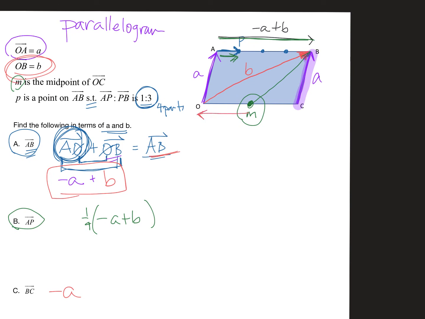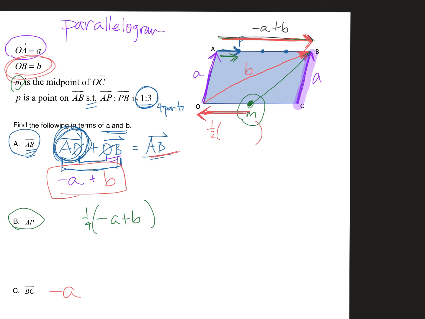Okay, now I know that M is the midpoint, so this is half of something, but half of what? Oh, well, look up top. Up top, I have this vector going in this direction, so it's going to be the opposite, right? You can kind of see up top, I have this arrow going from left to right, but this arrow down here is going from right to left, so it does have to be negative.